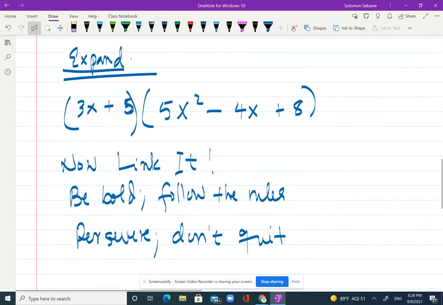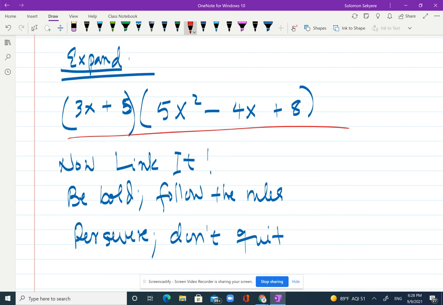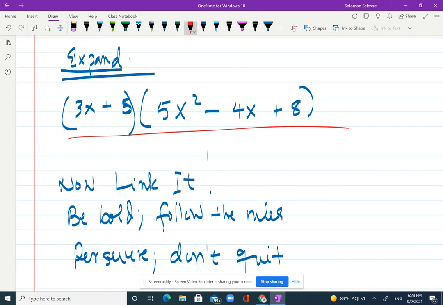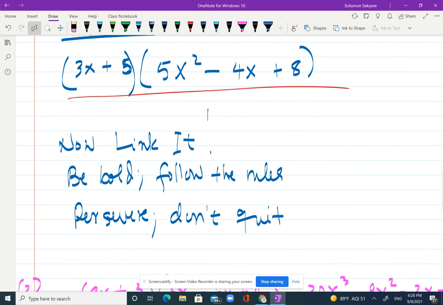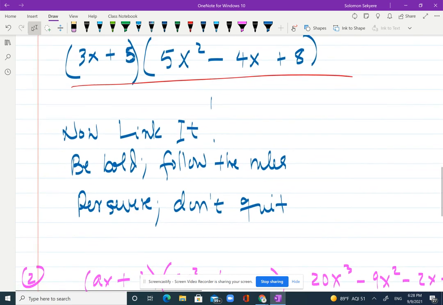Now I say expand this. Can you expand this term right here? Expand it. That means distribute, simplify, distribute, and simplify. Okay. Can you do that? Now, when you're done with that, I come here.